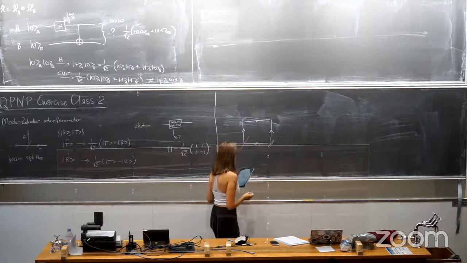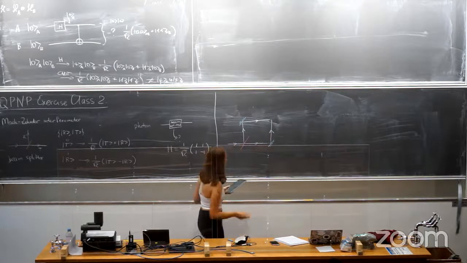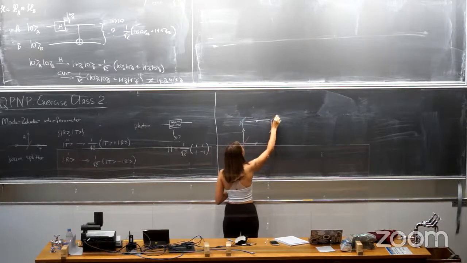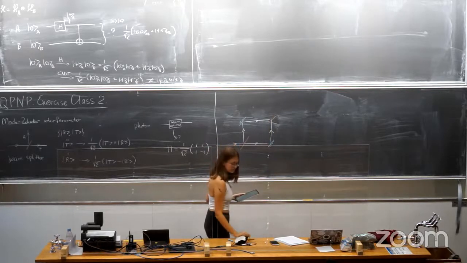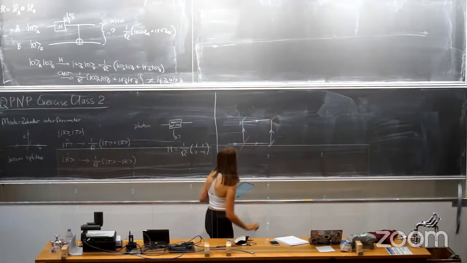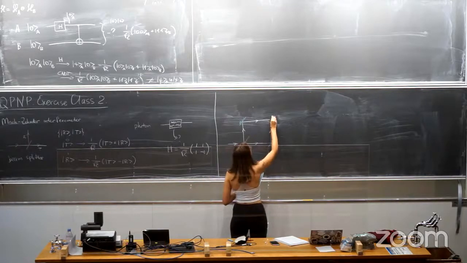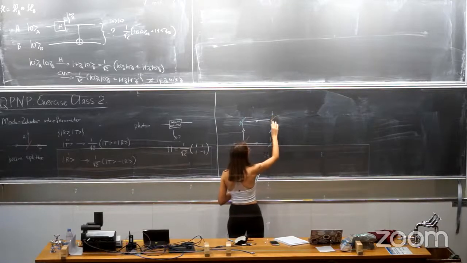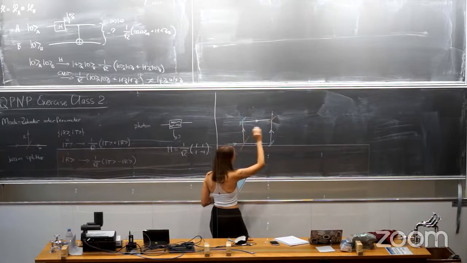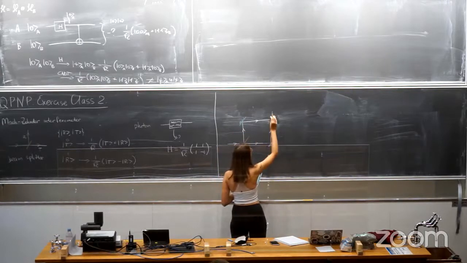And then we put another beam splitter here. And coming out of this beam splitter, the beam can possibly come out in this reflected direction or transmitted direction.